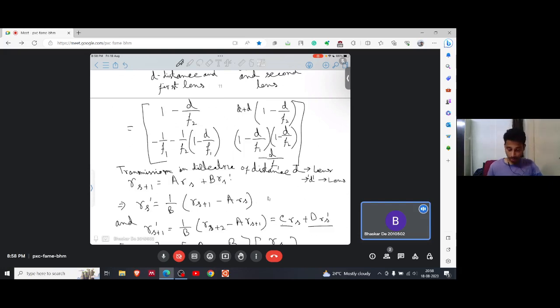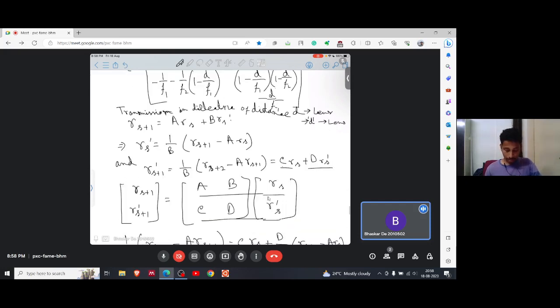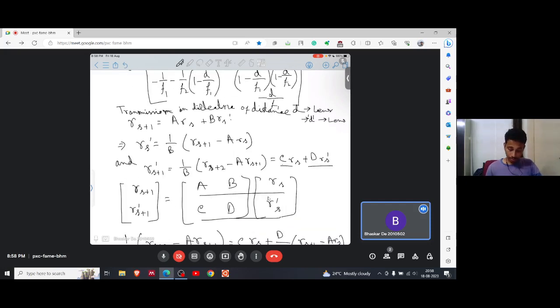So these four events are combined in this matrix, and if you calculate this, the determinant of this matrix is still 1. Then there is a clever way to obtain the stability condition.